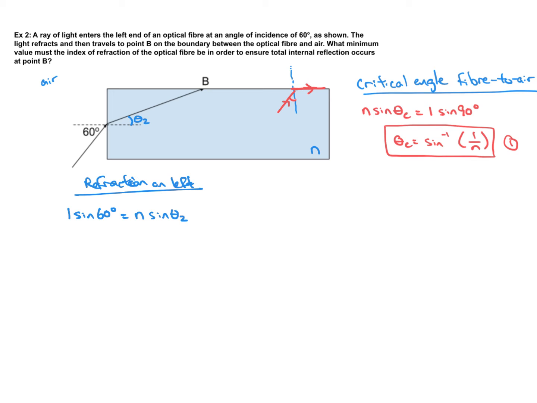Sine of 60 degrees is one of the special angles that equals root 3 over 2. So theta 2 would be the inverse sine of root 3 over 2n. It's just dividing both sides by n first, and then taking the inverse sine.